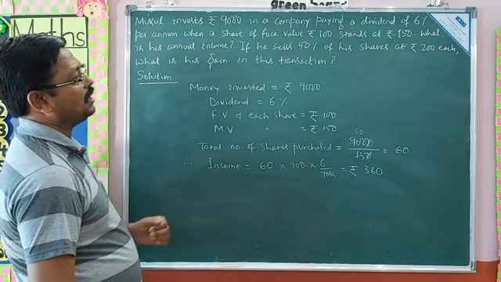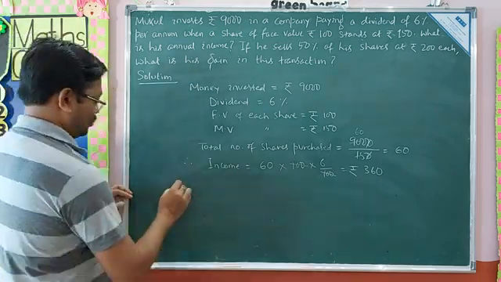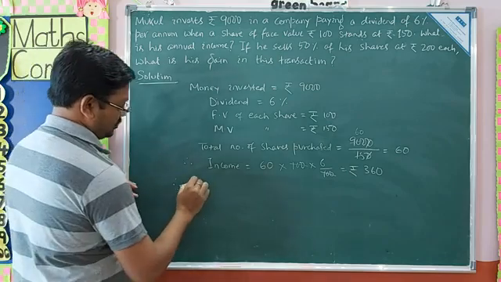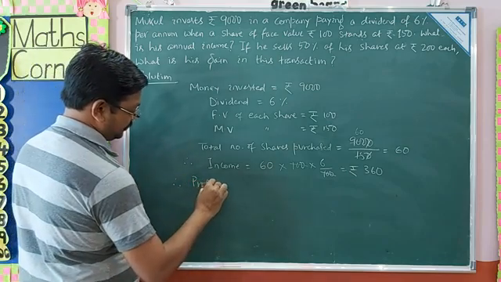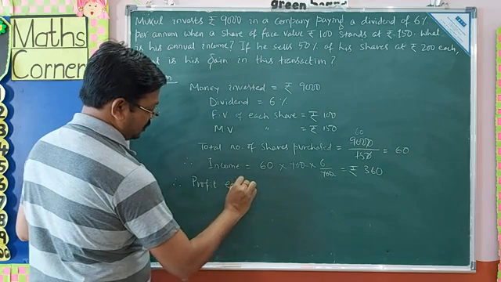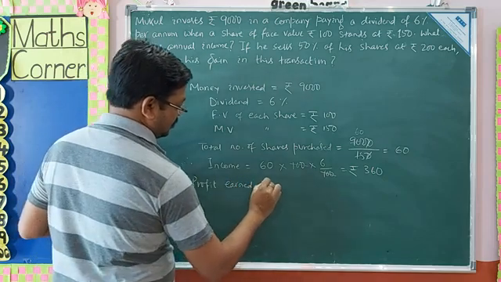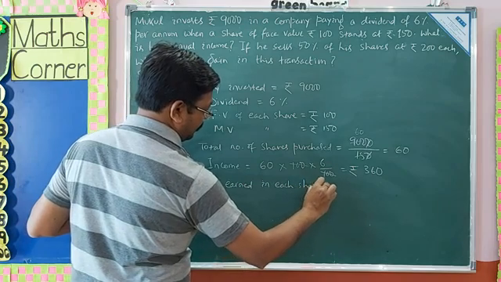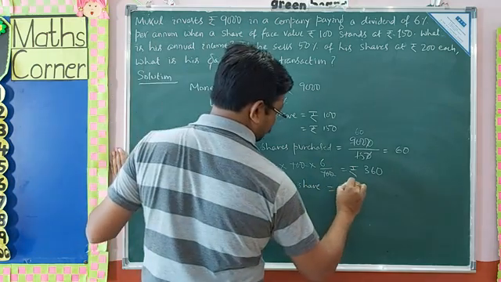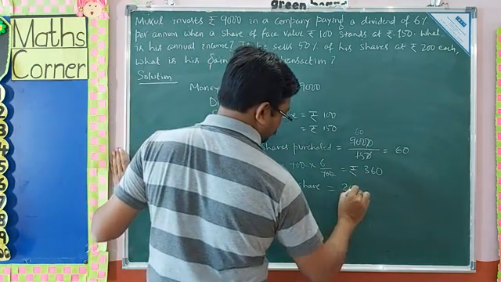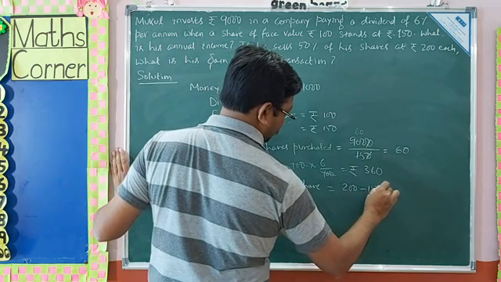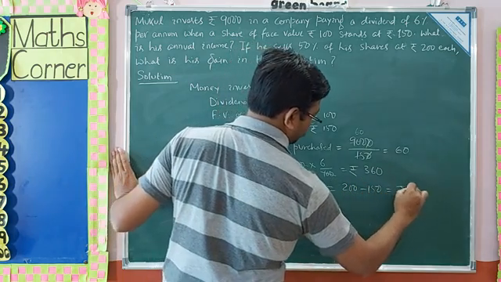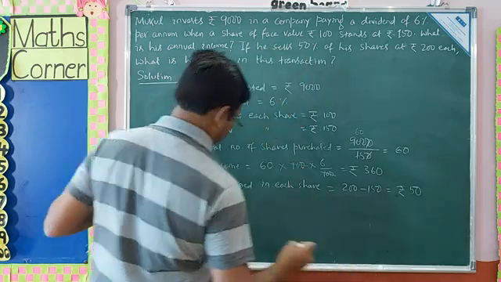Now, in the second part of the question, it is given that 50% of his shares are sold by him at rupees 200. So we can write profit earned on each share is equal to 200 minus 150, that is equal to rupees 50.